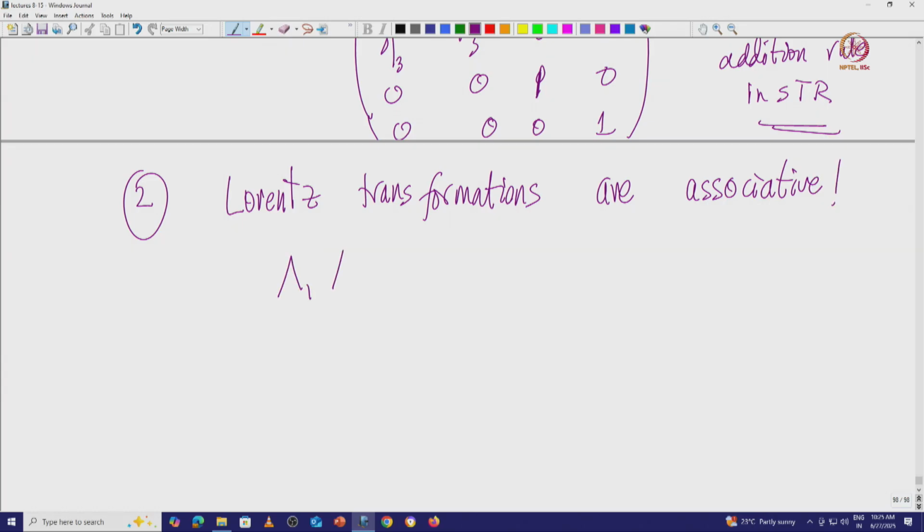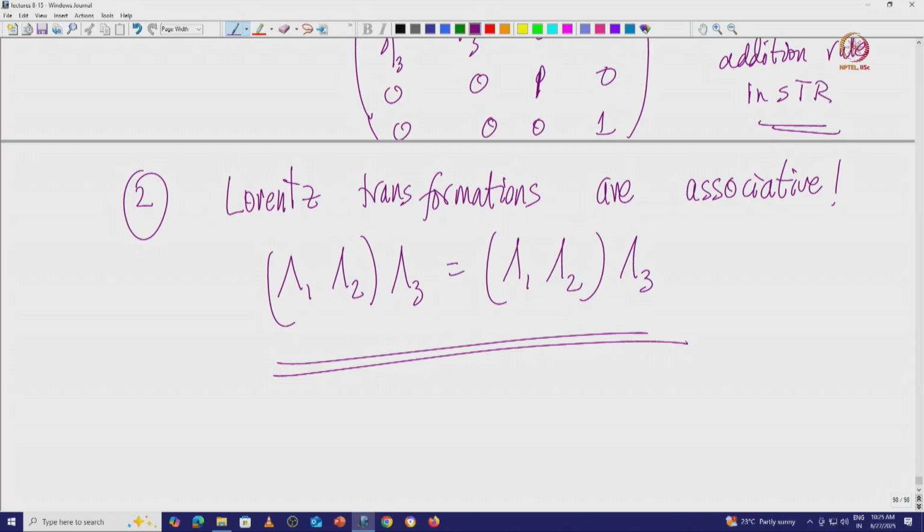So lambda 1 lambda 2 becomes lambda 3, is equal to lambda 1 times lambda 2 lambda 3. You can do the same thing that we have done for closure. Essentially you can use the same exercise, just say that it doesn't matter whether I multiply lambda 1 lambda 2 first and then multiply with lambda 3.